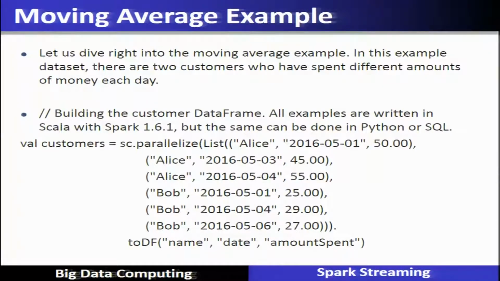Let us see the customer data, which is given in the form of a list, such as the customer Alice, the date in the fifth month of 2016, the time, and the amount of spending.